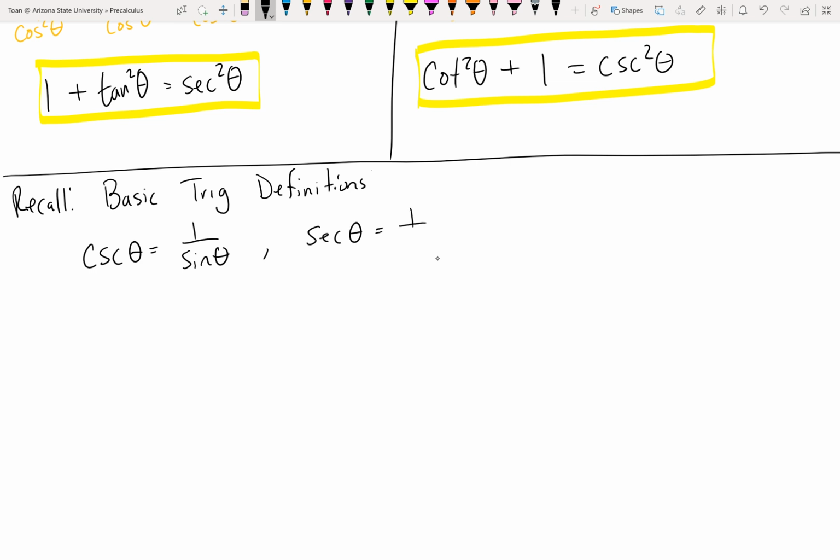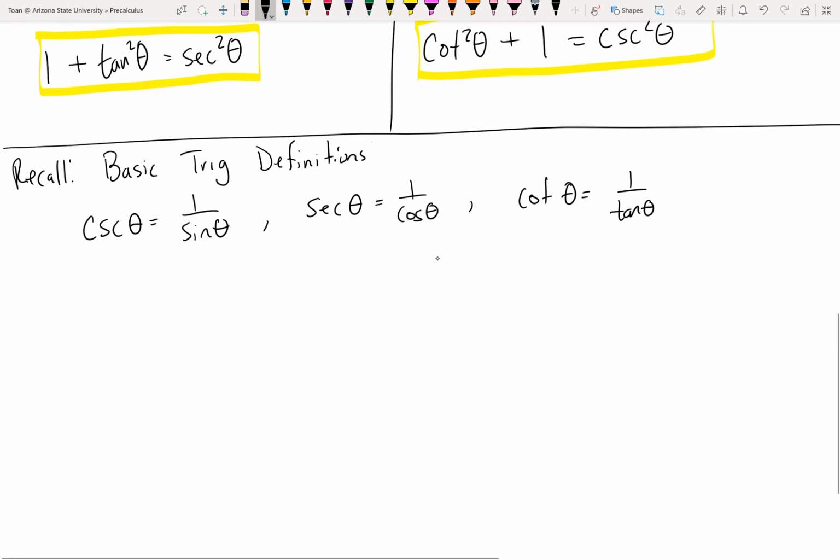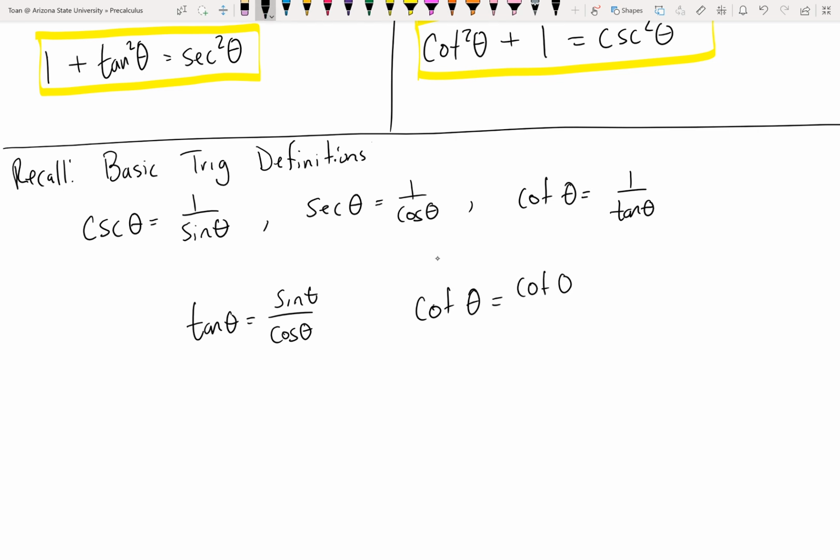Secant relates to cosine as a reciprocal. Cotangent relates to tangent as a reciprocal. And as we said before, tangent relates to sine and cosine. Similarly, cotangent relates to sine and cosine in these particular manners.